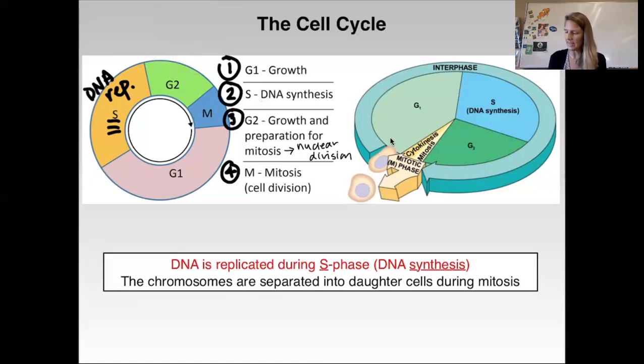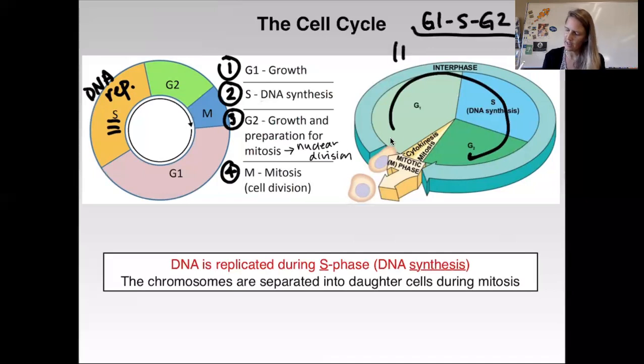So the point is that these phases, G1, S, and G2, all make up interphase. A cell spends 90% of its time in interphase. It spends a very small part of its life cycle in mitosis, when the cells actually split.